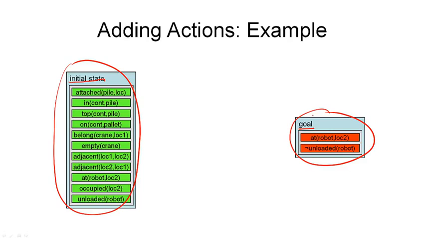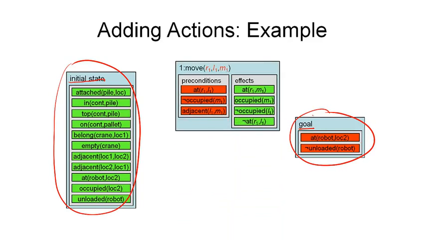So they are red. Now, adding an action simply takes a partially instantiated operator and adds it to this plan as shown here. When I add a partially instantiated operator to a plan, I add this number to give a unique reference to this action. So if I add another instance of the same operator, I can distinguish them by this reference. I also use this reference as an index to the variables of this operator, such that I can distinguish the different variables.